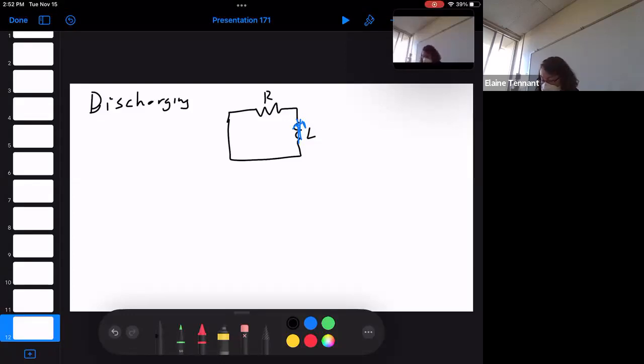So if you manage to switch this fast enough, this inductor will try to send out a current. It will generate an EMF in the opposite direction as it did before, because now instead of trying to stop the current, it's trying to support the current. If you give it somewhere to hook up, that's where you're going to see this current flowing. Does that make sense?